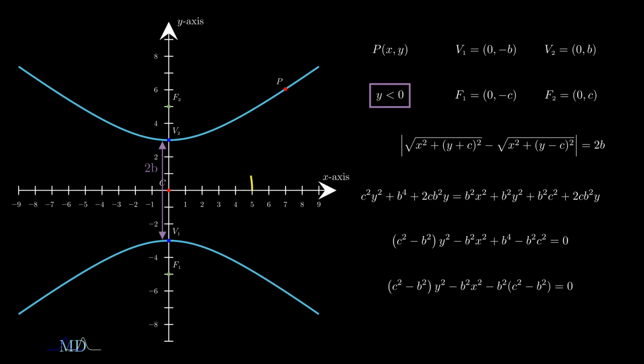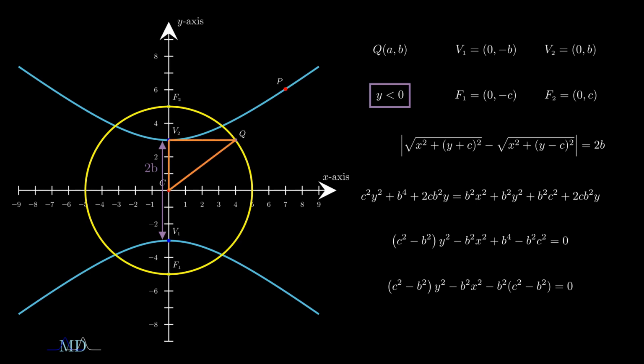If we draw a circle of radius c, and we consider a point Q belonging to the circle, of abscissa a and ordinate b, the same ordinate of the vertex V2, then we can see that the triangle CQV2 is a right triangle, whose legs measure a and b, and the hypotenuse CQ is equal to c, the radius of the circle.